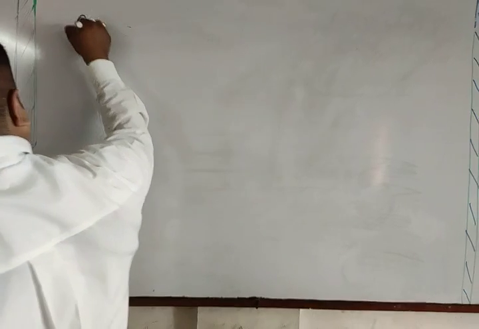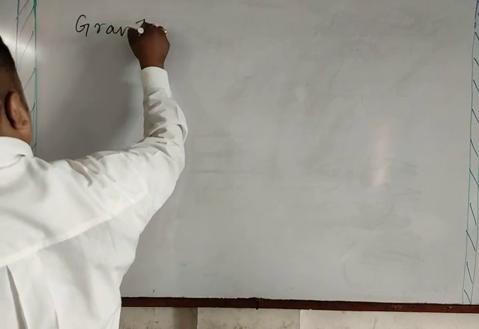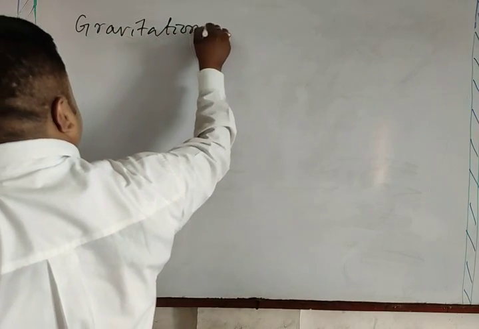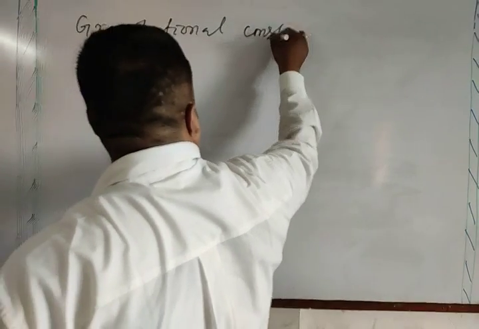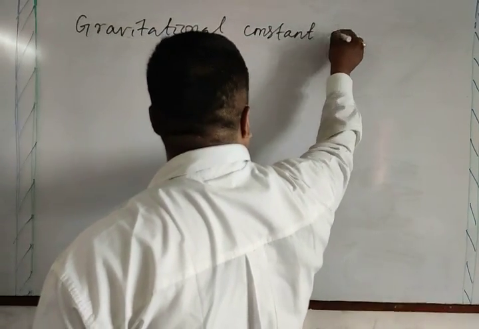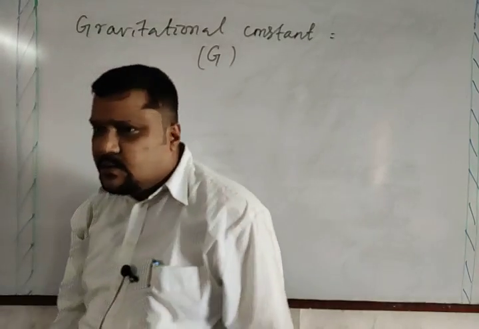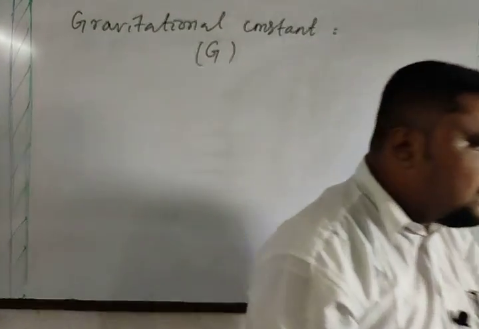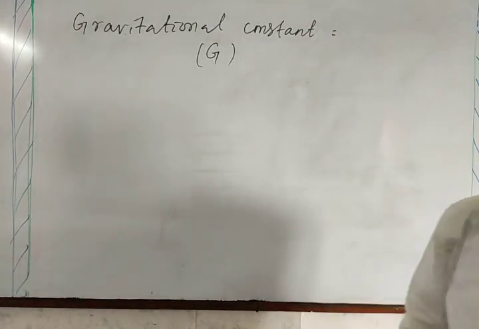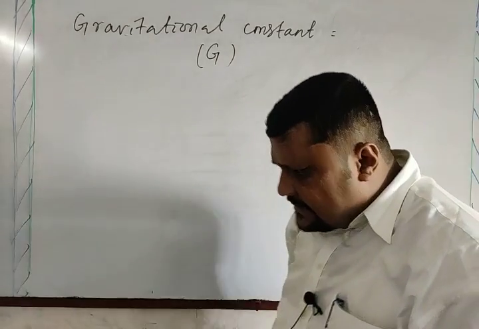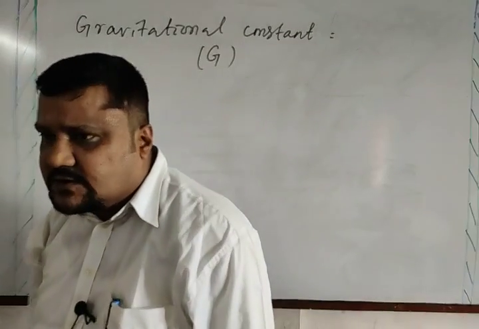If I want to find the dimension of the gravitational constant, that is capital G. Already you know acceleration due to gravity is small g. The gravitational constant is represented as capital G. This is also called a universal constant.